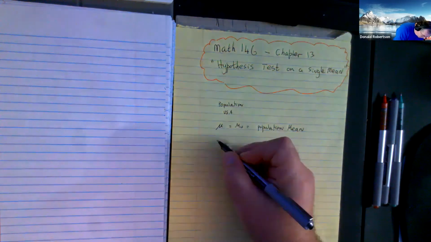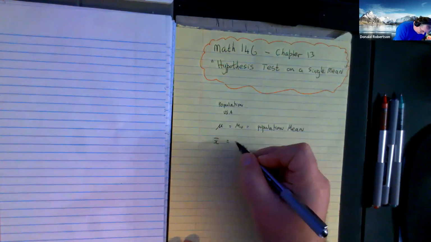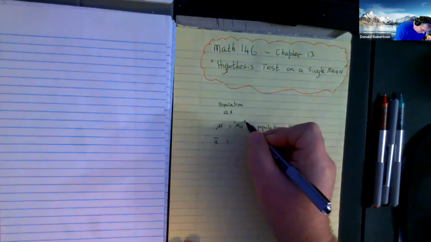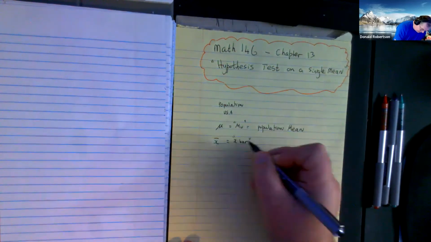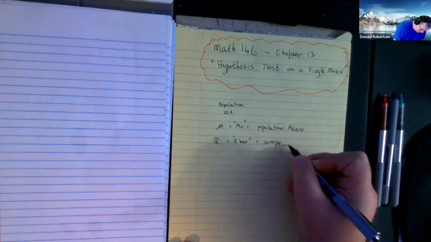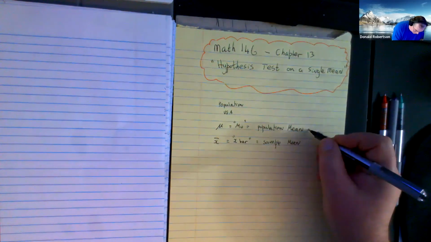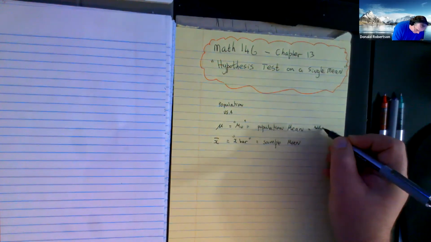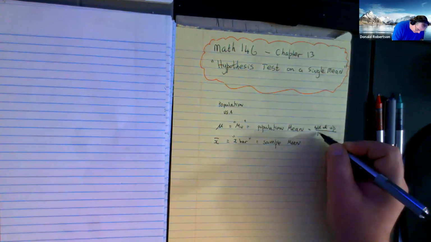Now we have another fella called X bar. So you say it out loud. And he is the sample mean. And to remind you what a mean is, that's when you add them all up, right, and you divide by how many there are.